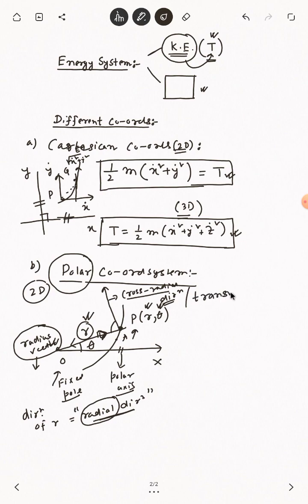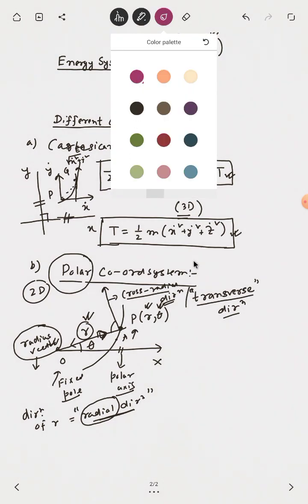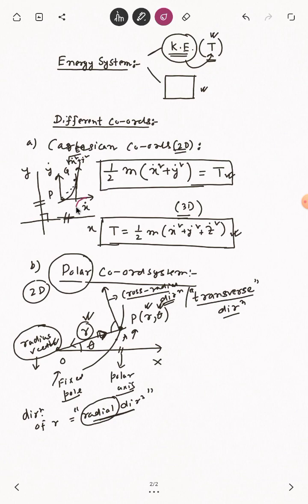This is important. All these terms will be important to tackle simple points in the question paper in those exams, as I have already mentioned. Transverse direction, transverse or cross radial. So we have two particular directions, as in the Cartesian system, where we have two directions, the x axis and the y axis.